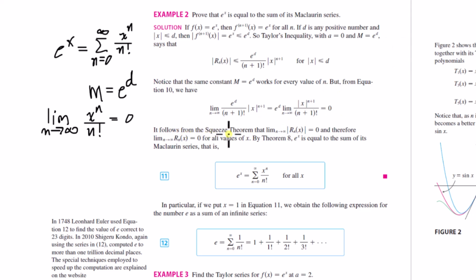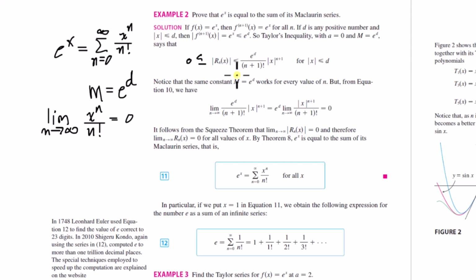And so it says, with that, from the squeeze theorem, we say that the limit as n approaches infinity of the absolute value of r sub n of x is equal to 0. So what are they talking about here? Well, remember this is the absolute value of r sub n of x, so that can't be less than 0. So it's the squeeze theorem.